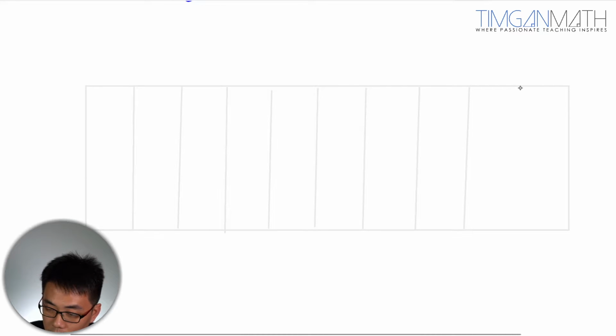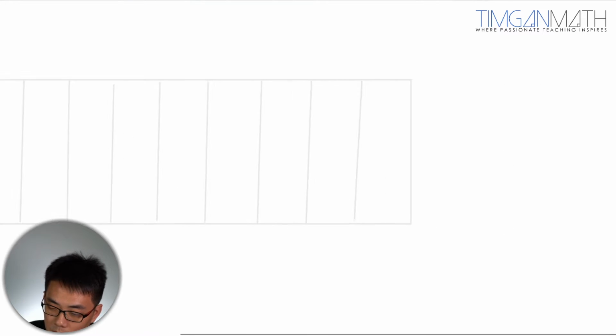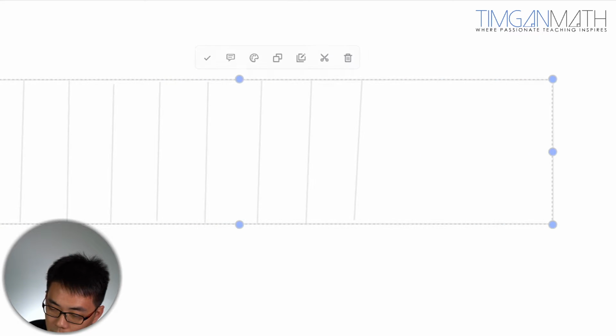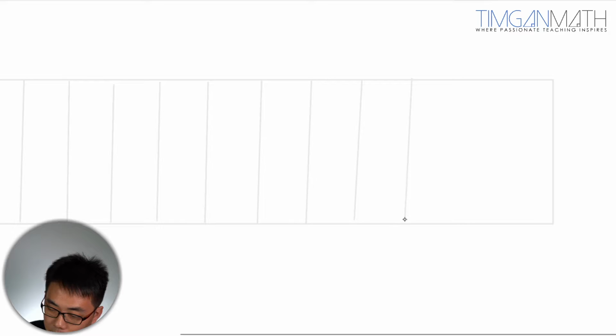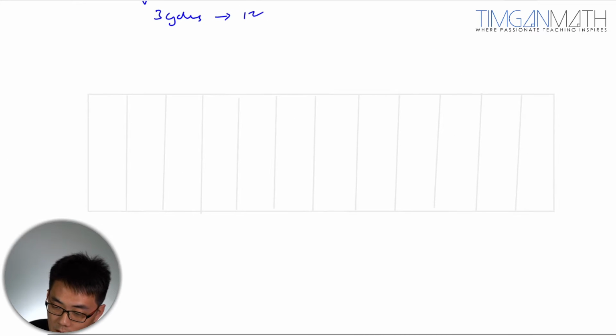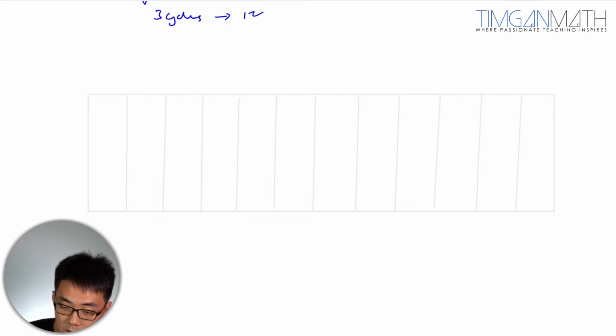Then another one, 1, 2, 3, and the 4th column, which is this. Okay, so count out how many columns I have here. I have 2, 4, 6, 8, 10, 12.